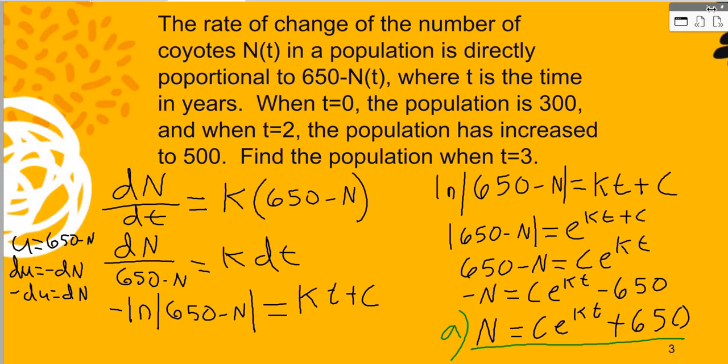But if it makes you feel better to put minus KT minus C, you would get the same thing because you would add C, divide by a negative, and so you would end up with the same answers as you got before. As long as you're solving correctly and plugging stuff in correctly, you get the same thing. Other questions?